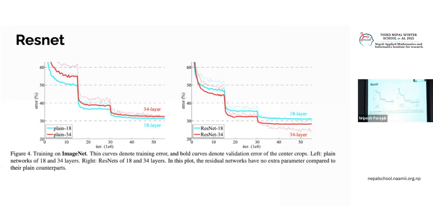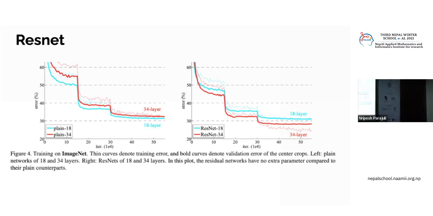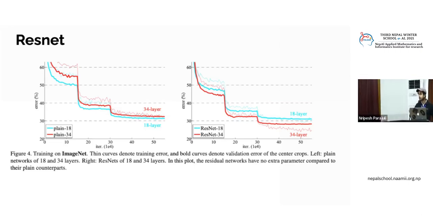This is quite impressive, and another reason it's really impressive is that it's such a simple change. You really don't have to do anything. When you're using TensorFlow or PyTorch, making a residual connection is so easy. It's one line of code and no extra parameters. The complexity of optimizing this is the same.